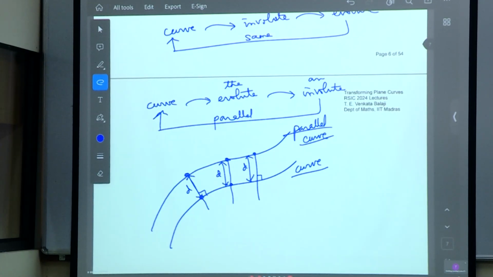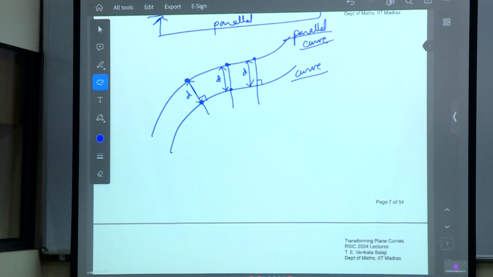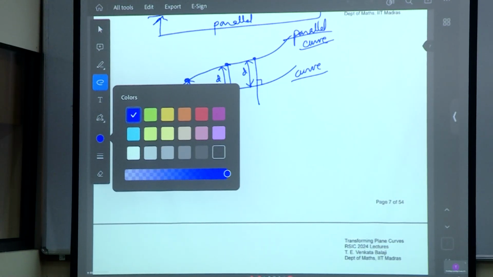So the moral of the story is that you start with a curve, take the evolute, and take an involute, and you will get a parallel curve, but in special cases you can get back the original curve. If you take a particular involute cleverly, you will get a special curve, and I will give you an example. A standard and very important curve is the cycloid, which is the path traced by a point on a circle rolling on a line.